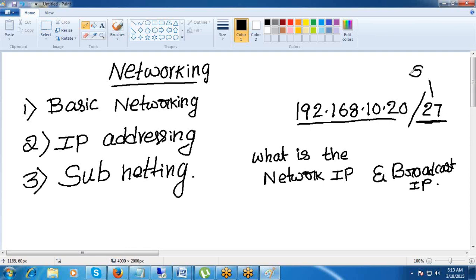This is the subnet mask value. 10.20 is the IP address, and for this IP address I am asking about the network ID and broadcast ID.